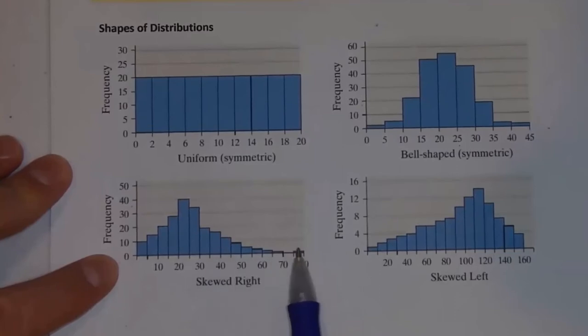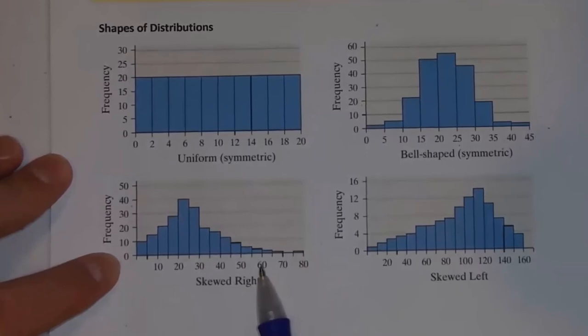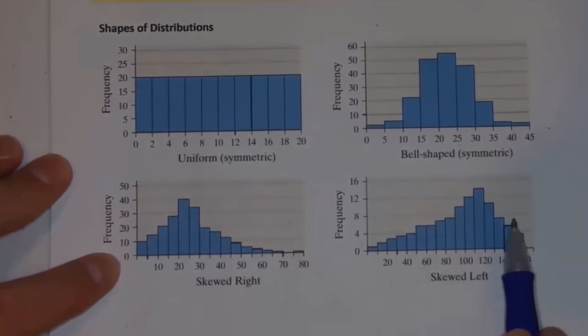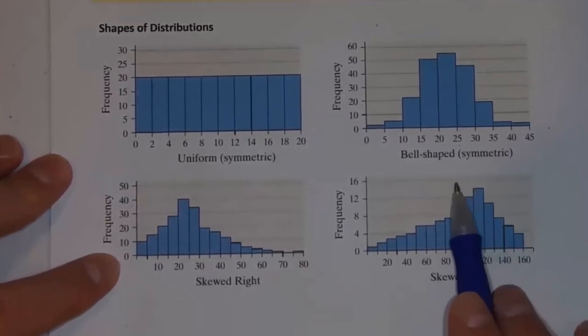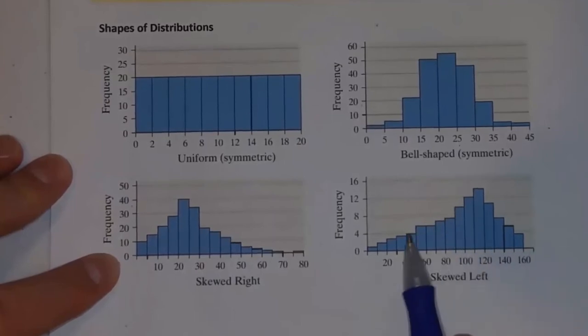We call this over here on the right a tail. So we have a tail of a few large values, and that makes this a skewed right distribution. Likewise, if most of the tall bars are on the right side and we have a tail of small bars on the left side, we call that skewed left.